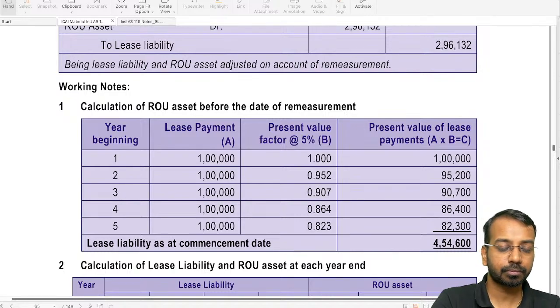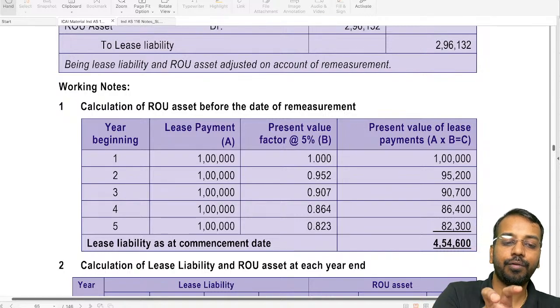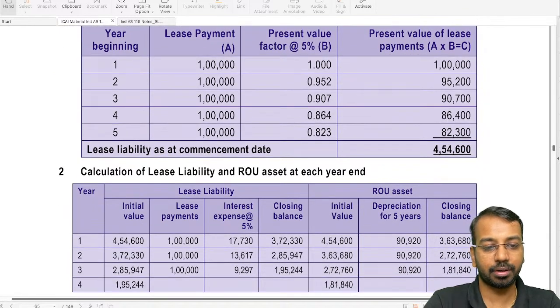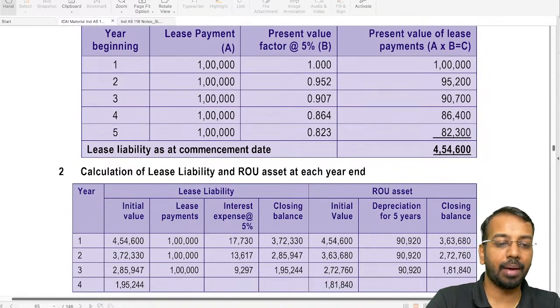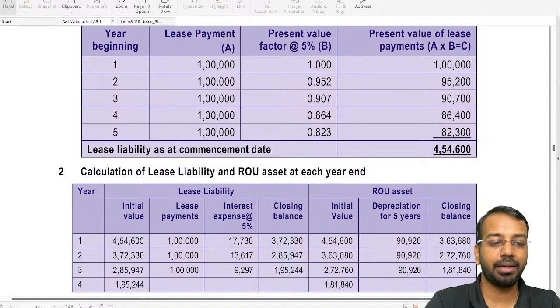Because the initial lease term is estimated to be 5 years, and we will consider this 5-year period for calculation of the lease liability, right? It is given in the material, but I still want to do one question so that this comprehensively covers the ROU asset, lease liability and the relevant aspects.